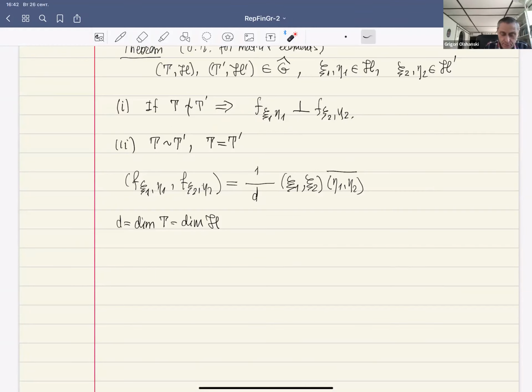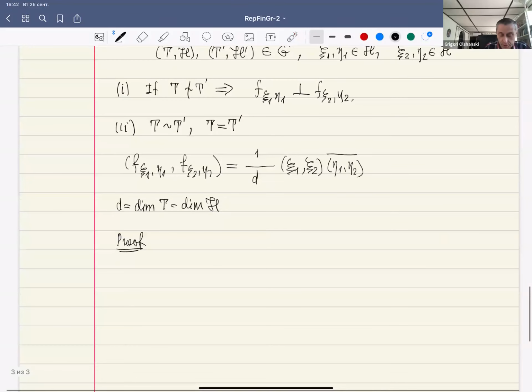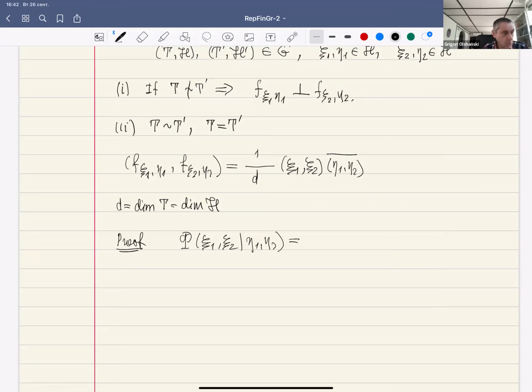So let me give a proof. The proof relies on the lemma. So introduce some object, again denoted by phi of psi1, psi2, eta1, eta2, which is just the scalar product in question.